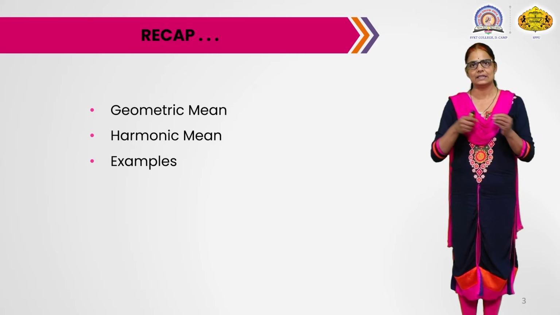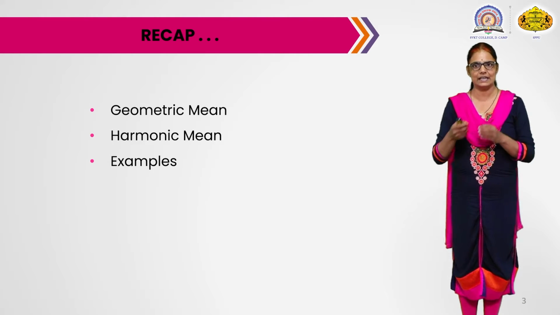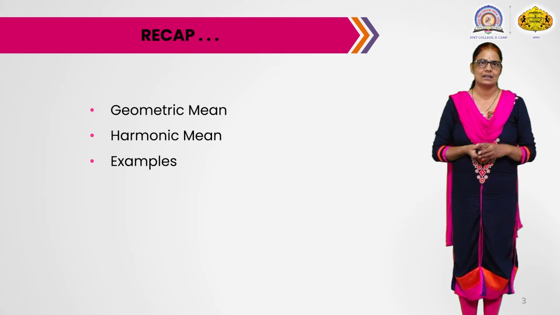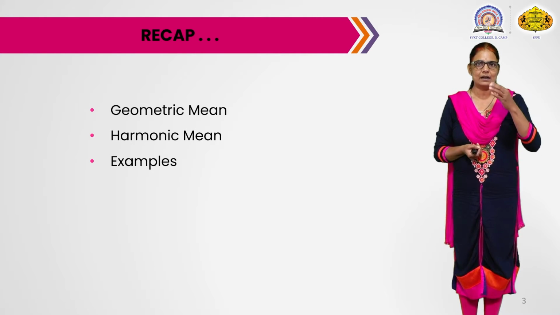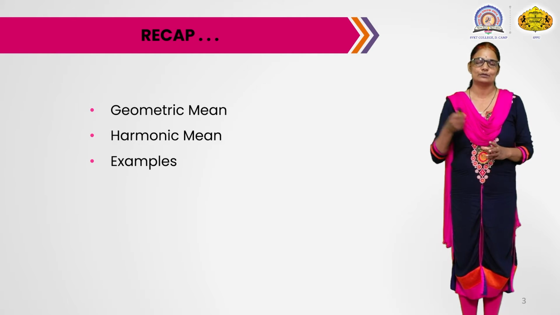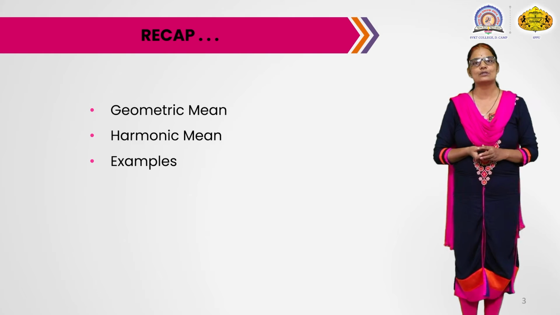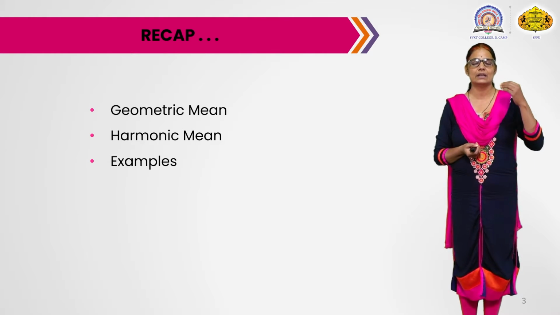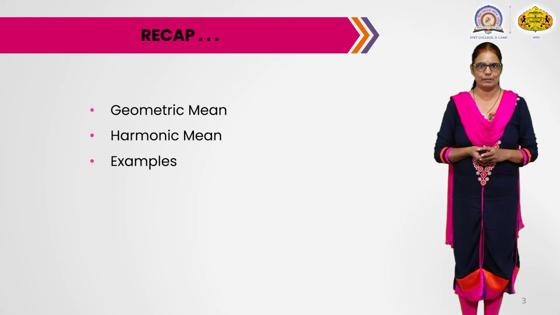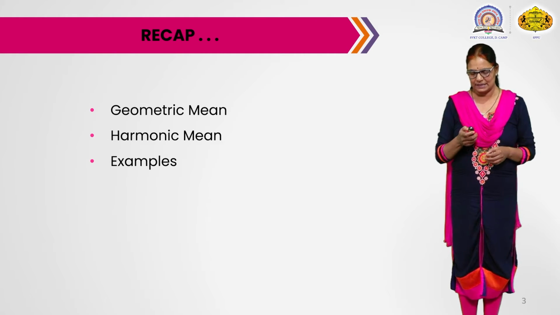Similarly, if we are given n numbers x1, x2 up to xn, then the harmonic mean is defined as n upon (1 upon x1 plus 1 upon x2 plus up to 1 upon xn). Also we studied the relation between geometric mean, harmonic mean and arithmetic mean and the related examples.